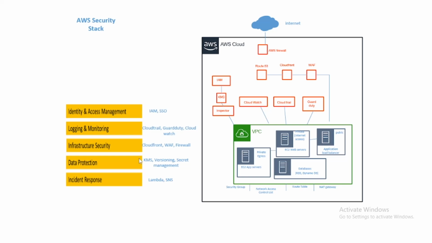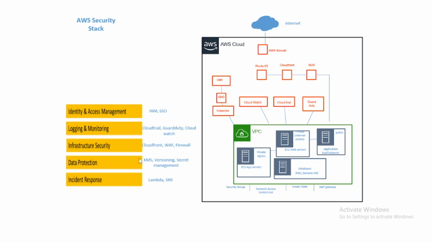So KMS is doing that, and then versioning within different storage services such as S3, saying, hey, if I have a file that I'm constantly changing, constantly adding to or editing, I want you to keep a version of that so I can go back as far as last year, 2021, and see what my file was like before.